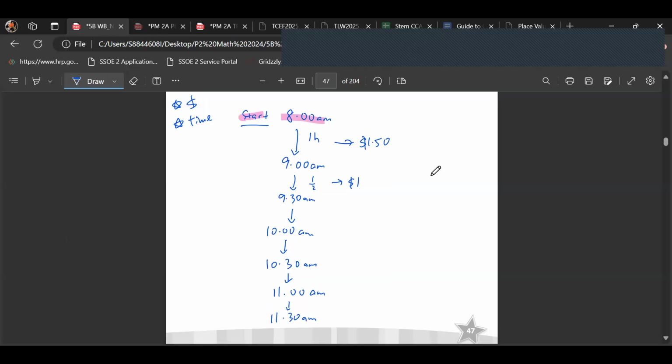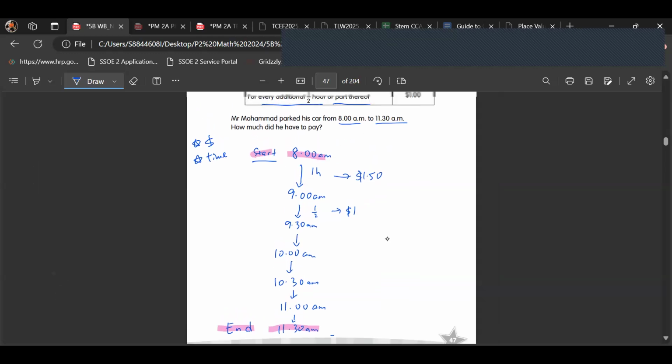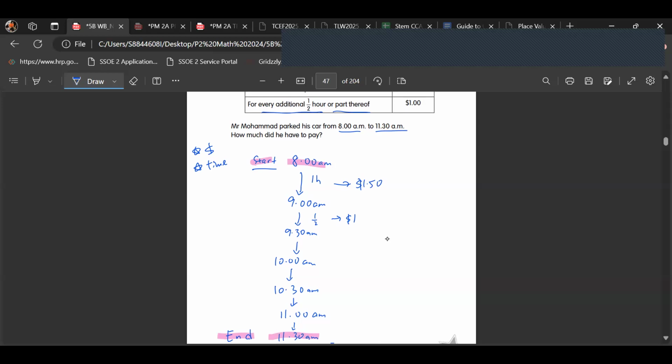Okay, so I wrote it in a vertical timeline. That means it's starting from the top, ending with the bottom. So I can see this half an hour, half an hour, half an hour, half an hour. So this is $1, $1, $1, $1.